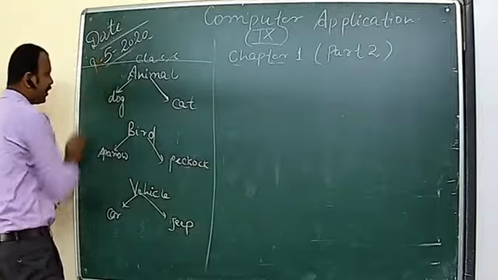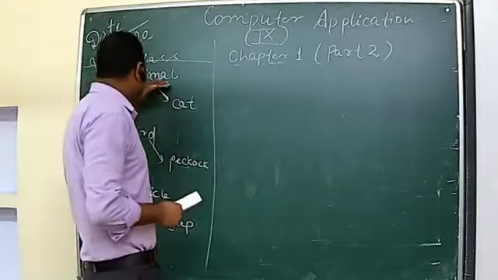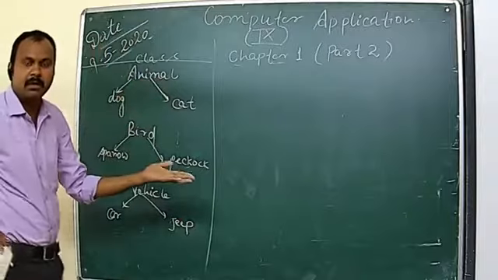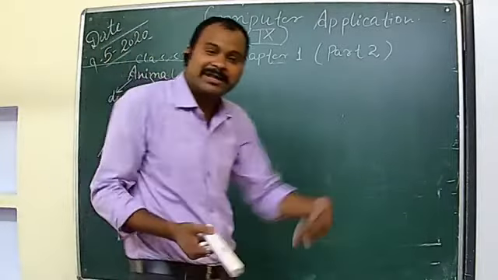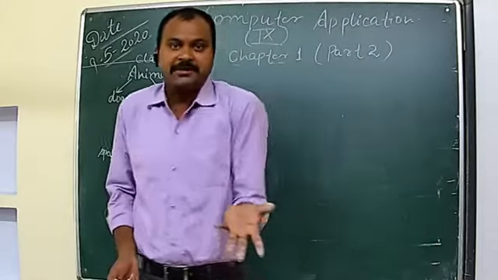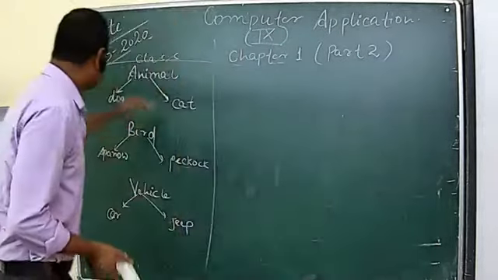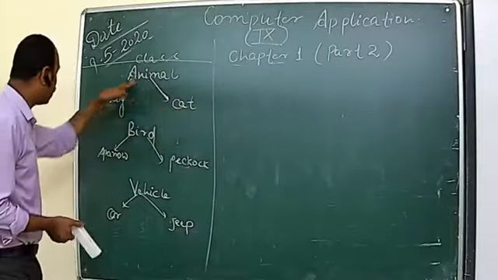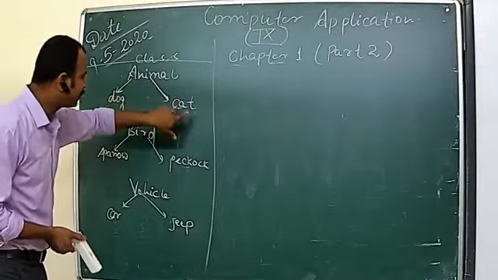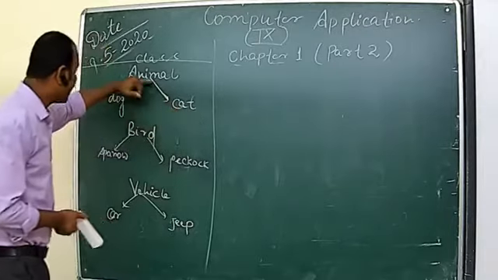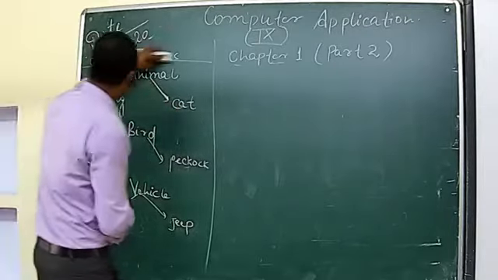Animal is a class here. It is a conceptual thing. If I talk about a particular animal, then it's okay. But if I want to see an animal, what is animal? Definitely there will be some categories of animals. So these are the parts of this class. So dog is an object, cat is also an object.